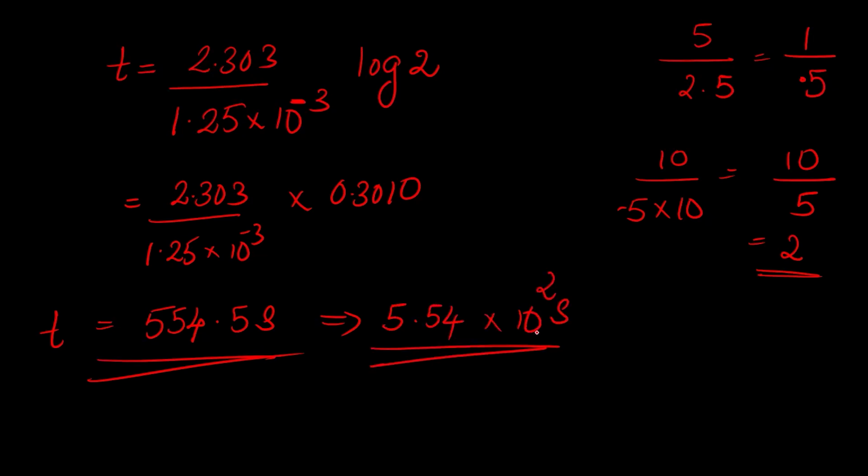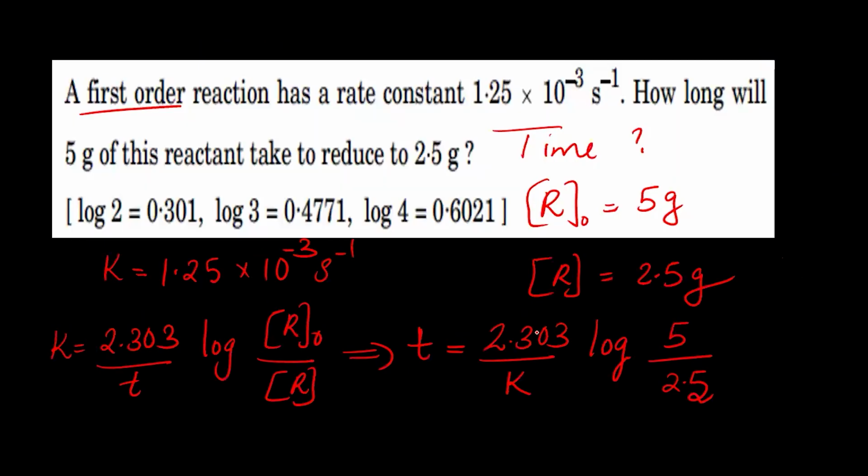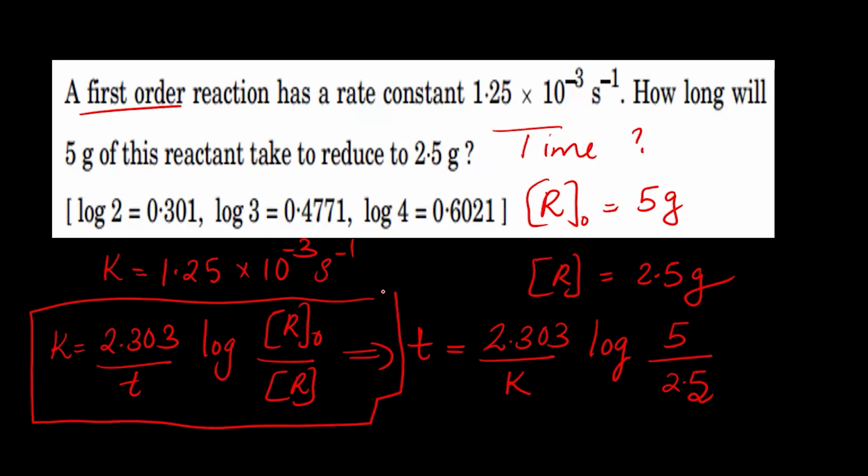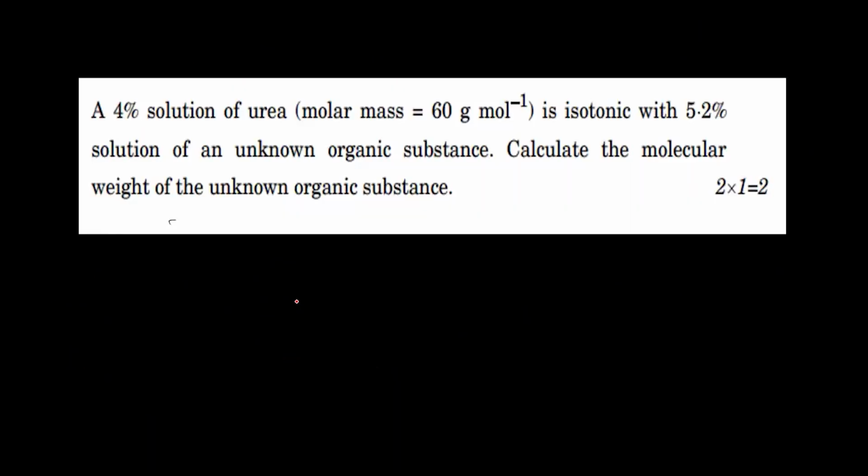Yes, that is the answer. Hope you get it. So you must know the equation for first order reaction, the rate constant equation, that is the equation connecting time, rate constant, and initial and final values. Moving to the next question.